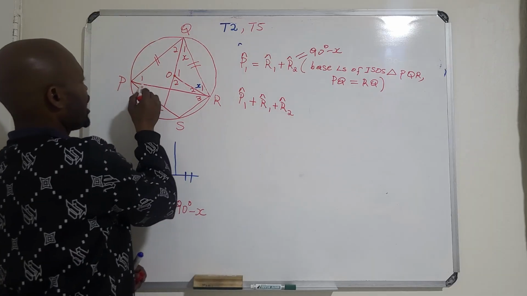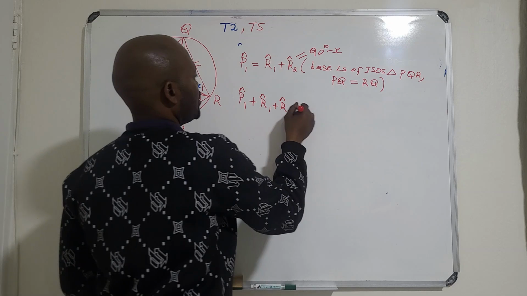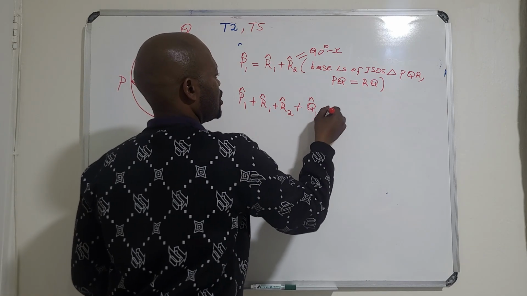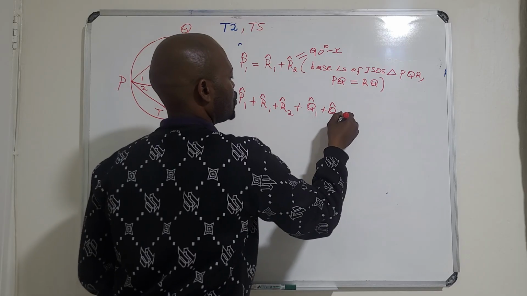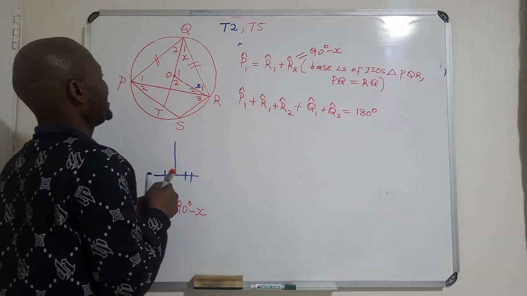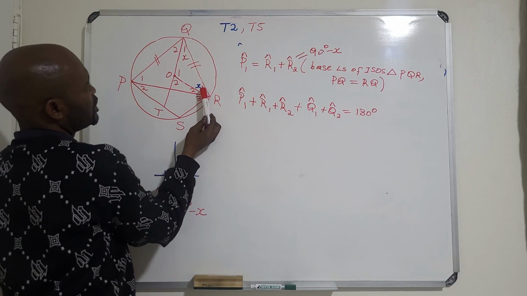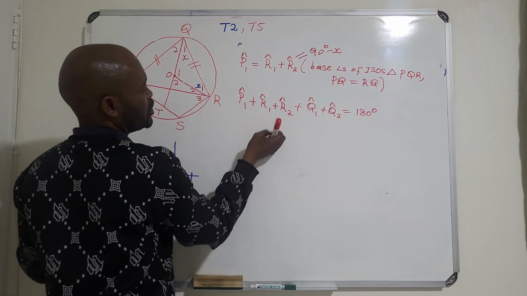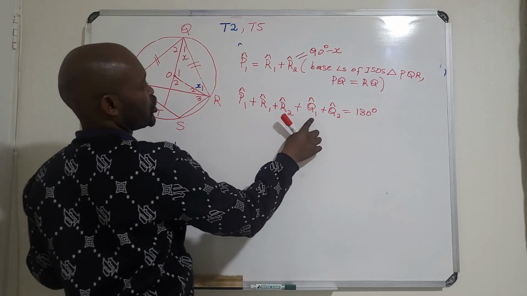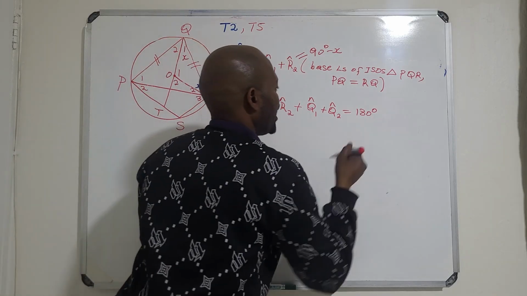Now, this angle plus this angle plus Q1 plus angle Q2 is equal to 180 degrees. What I've just done is add this angle plus this angle, which is R1 plus R2, and this angle plus this angle, which is Q1 plus Q2, therefore equals 180.